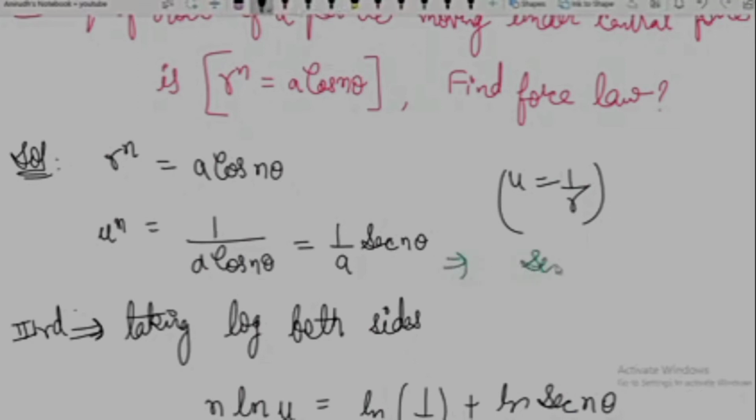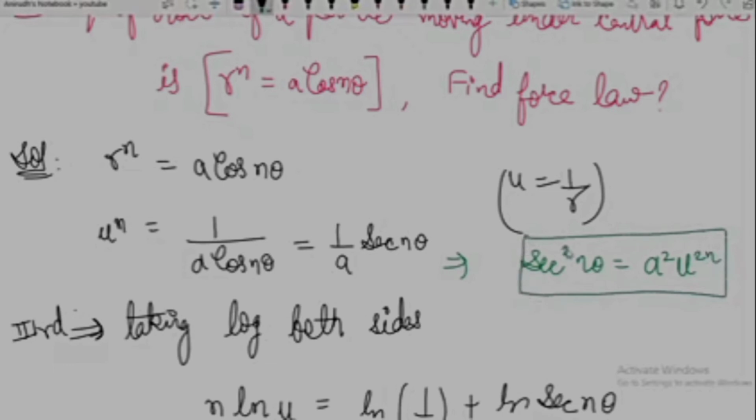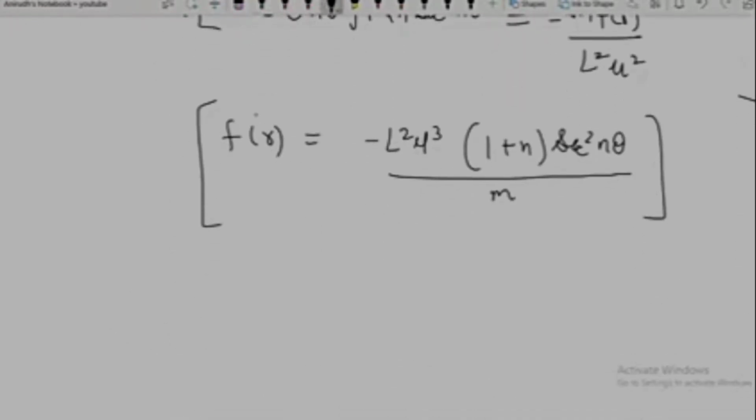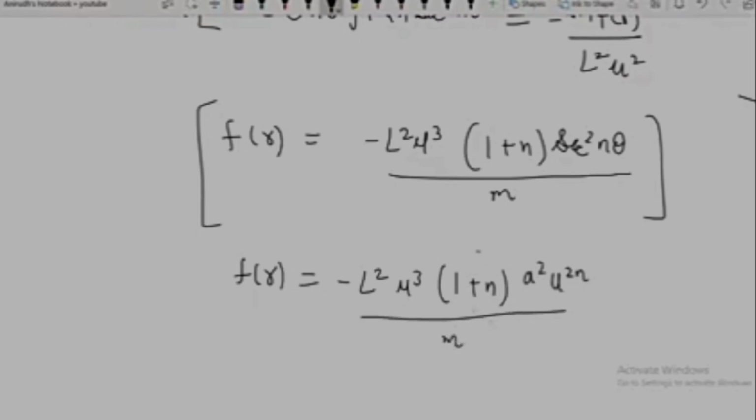Taking squares on both sides, we get secant square n theta is equal to a square u power 2n. So we substitute this value in the force function f of r. So we can write f of r is equal to minus L square u cube into 1 plus n, and instead of secant square, we write a square u power 2n, divided by m.